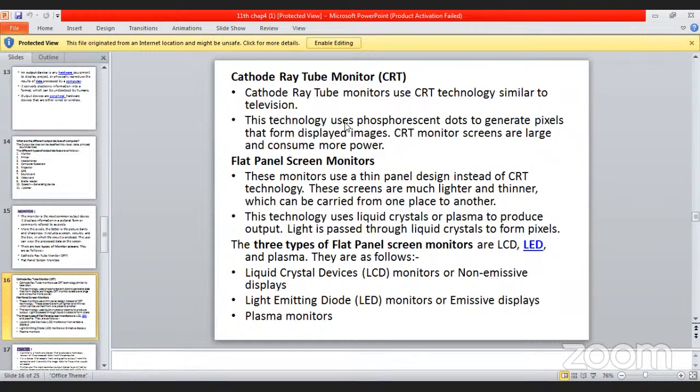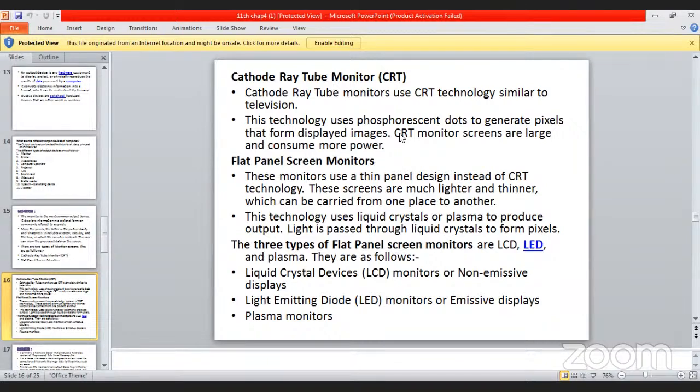This technology uses phosphorescent dots to generate pixels to display the images. Cathode ray tube monitor screens are larger, and they consume more power also.